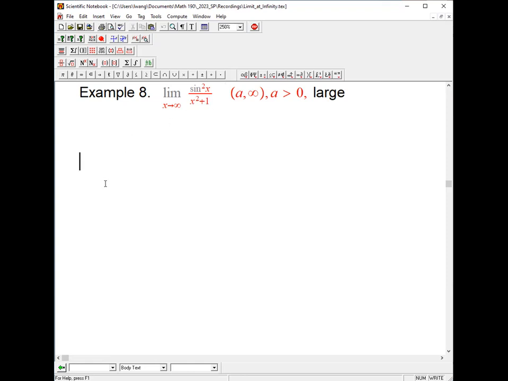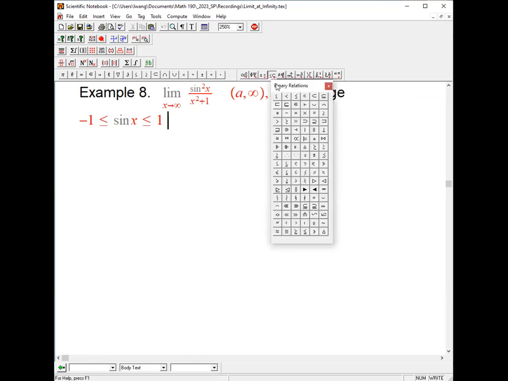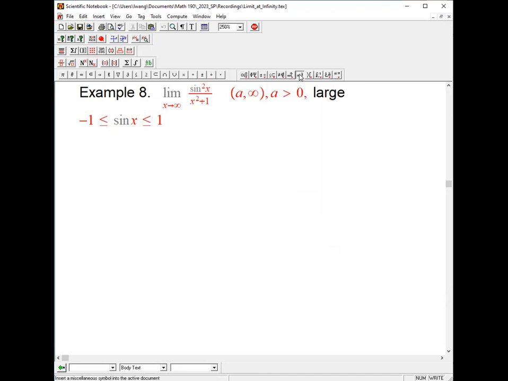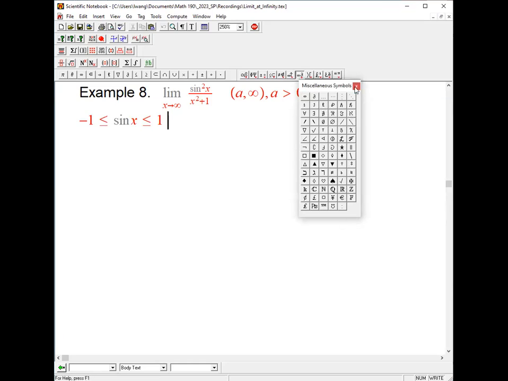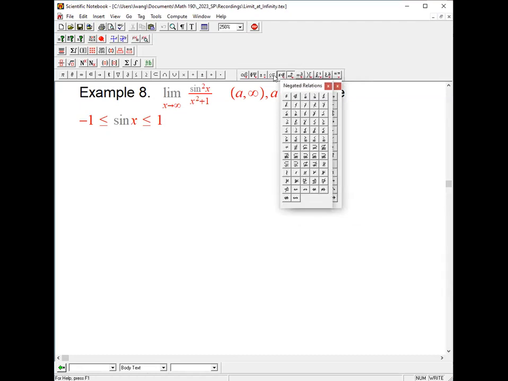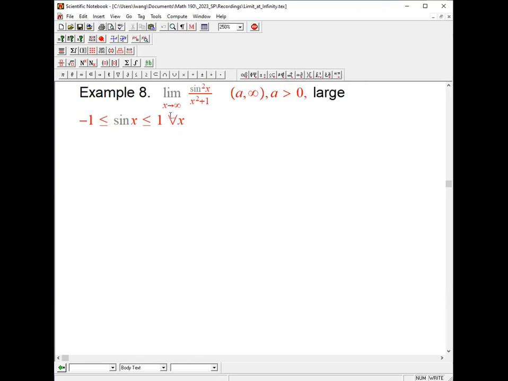I can show you this, but you don't have to see the picture. You just need to know that sine x is between -1 and +1 for any real number x.